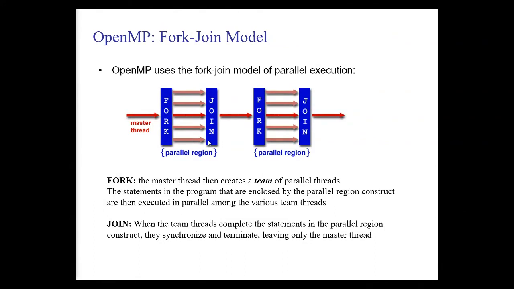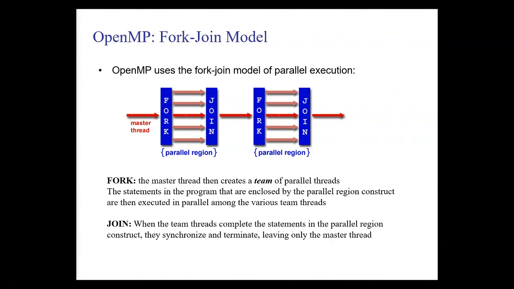At the end of the parallel region, all the threads complete their tasks, synchronize, and terminate. Then your code goes back to sequential code. This process may repeat many times, depending on the application. So the code is not fully parallel.